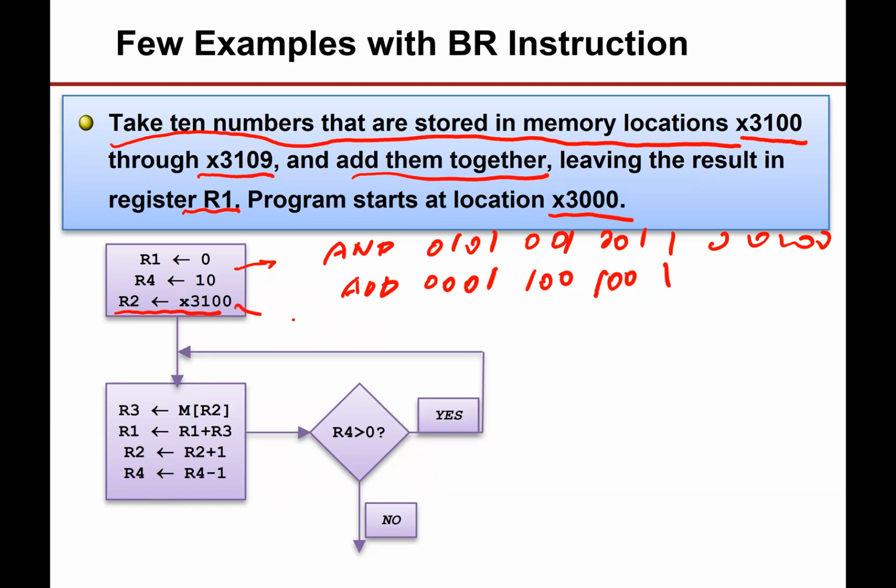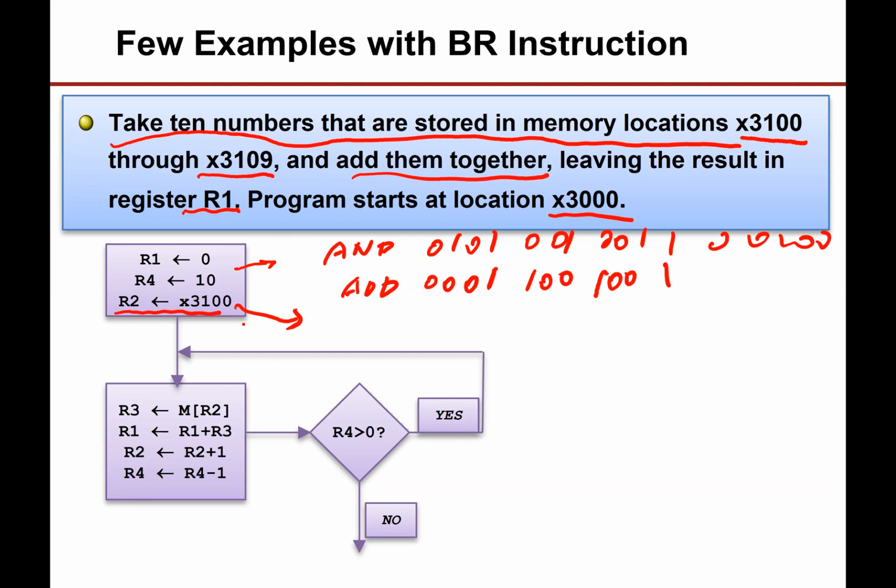So the third line is to input the number x3100 into R2.